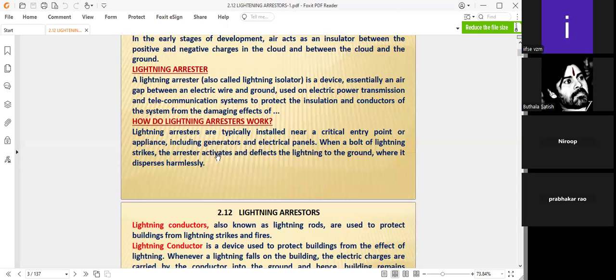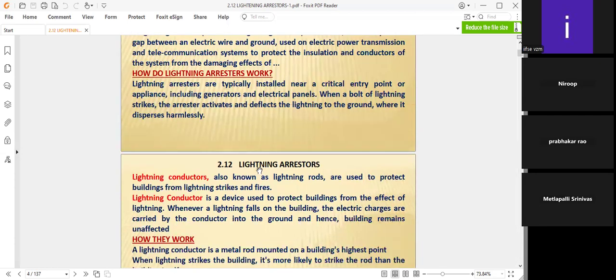That means the functioning starts and deflects the lightning to the ground, where the earth is there for the building, where it disperses harmlessly. This is the function actually. First of all, it activates, the function starts, it deflects, and gives a path to the ground through the wire isolator and goes to the earthing. That is the way of functioning.